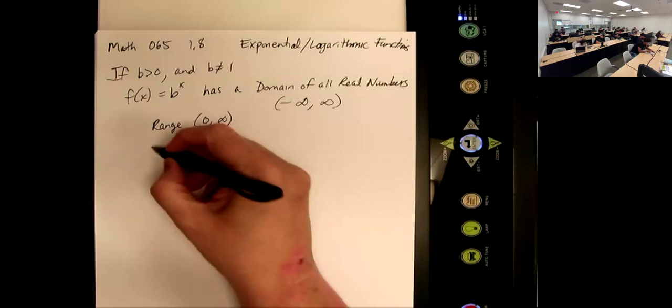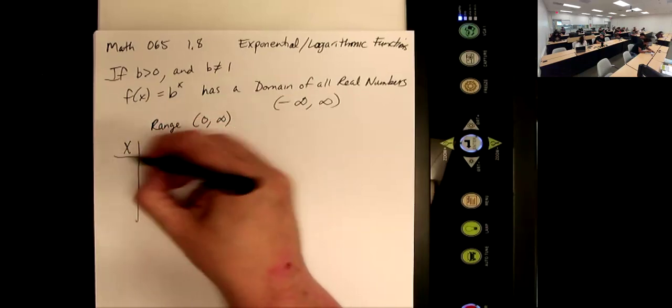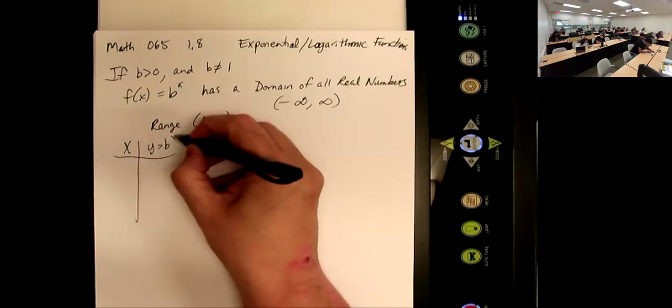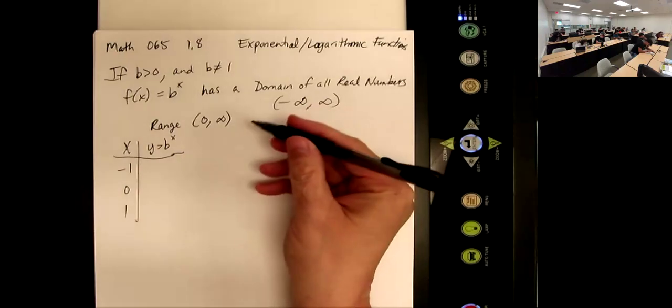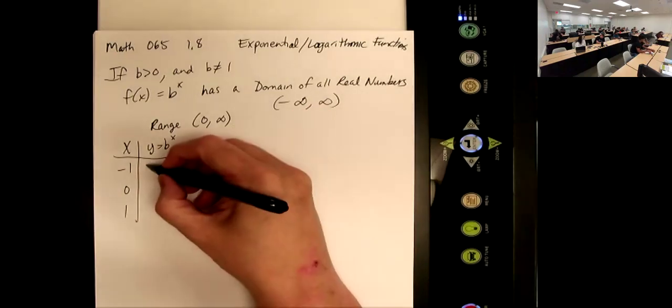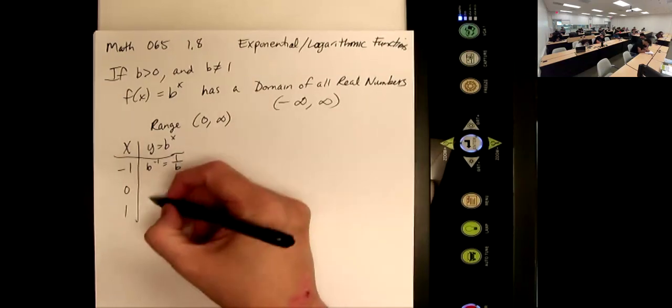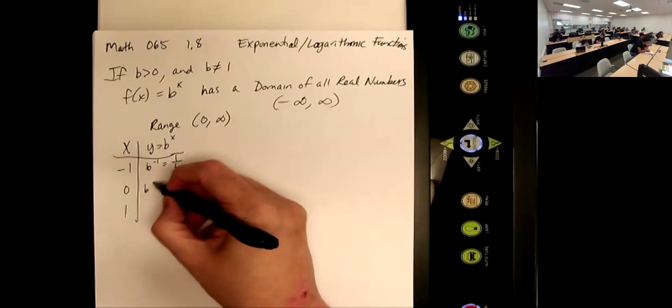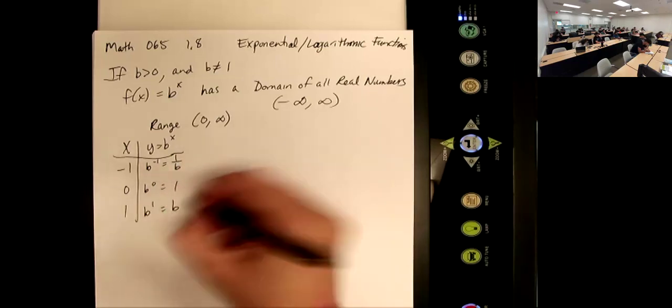And we could do a quick table of that, looking at what we've got. We've got x, we've got y equals b to the x. Let's just do -1, 0, and 1. It ends up being b to the -1, which is 1 over b, b to the 0, which is 1, and b to the 1, which is b.